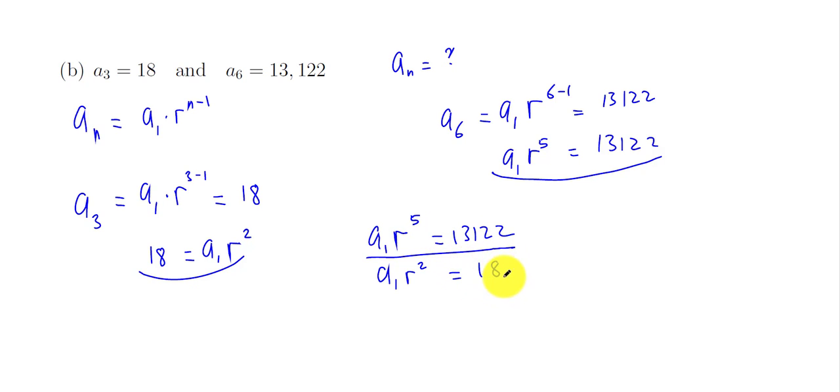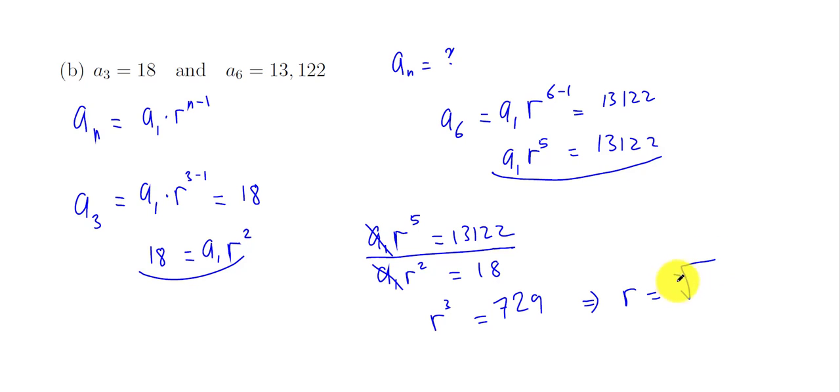The reason I want to divide this one is because I can take away the a1. r to the 5th divided by r squared gives me 5 minus 2, gives me r cubed equal to 13122 divided by 18. I should get 729.